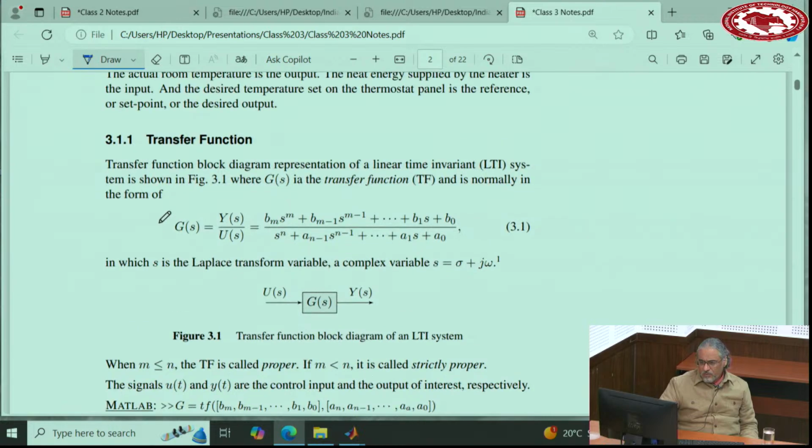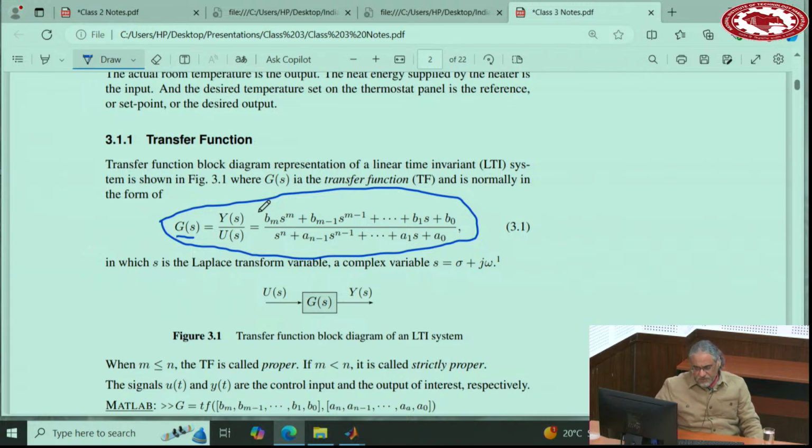Now for any system that has a differential equation, if you apply Laplace transform to that system, you will derive a function like G of s, which is the ratio of Y of s over U of s, and that will be a function of s. So any linear time invariant system, you can represent as this model. And this is the transfer function model of a linear time invariant system.